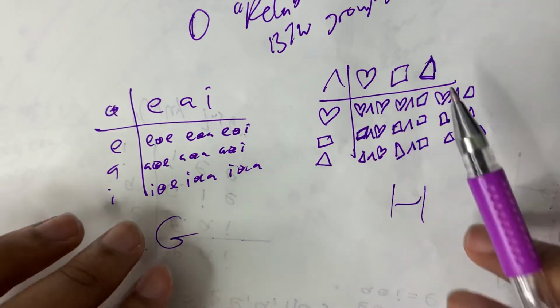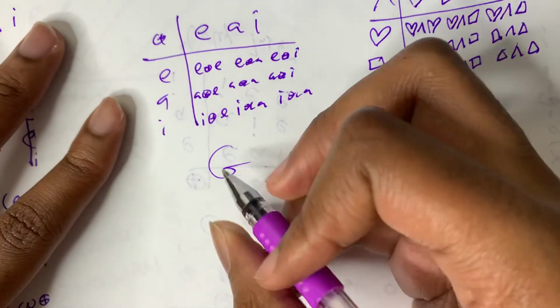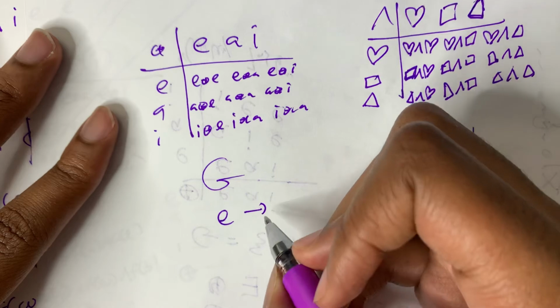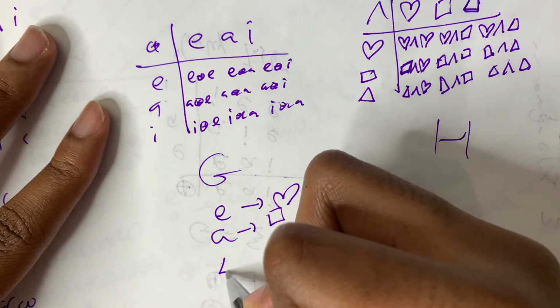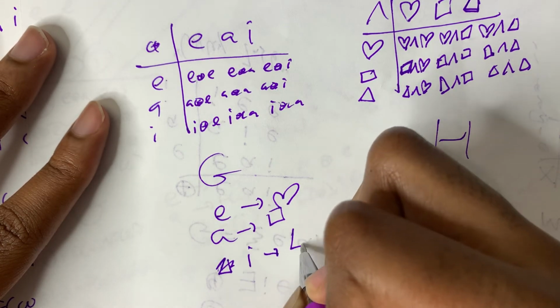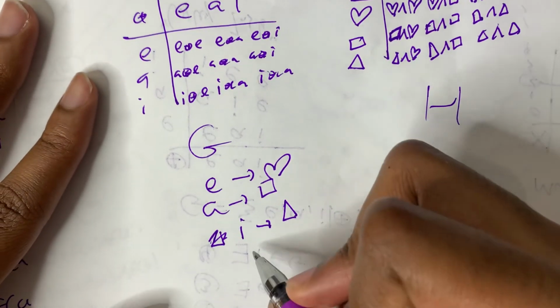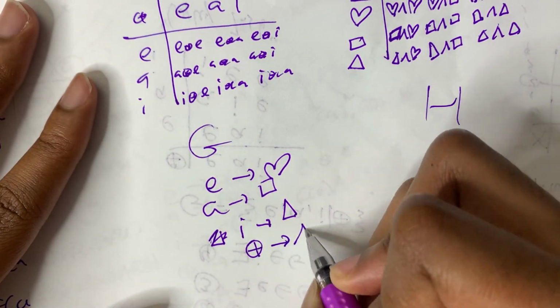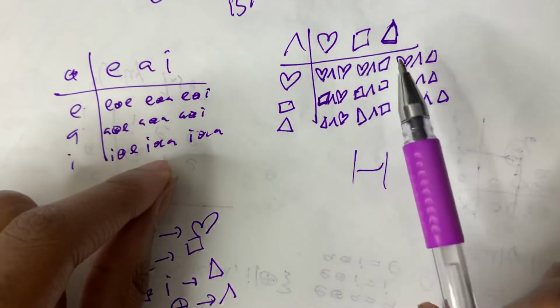Now these two groups have the exact same structure, because E can just be relabeled to heart, A can be relabeled to square, I can be relabeled to triangle, and then this symbol can be relabeled to wedge. And then we have the exact same thing once we've relabeled everything here.